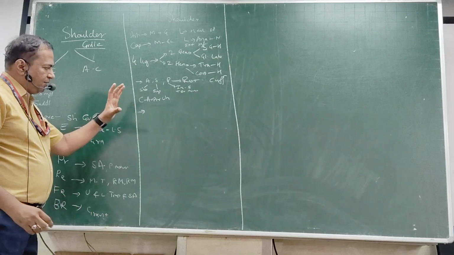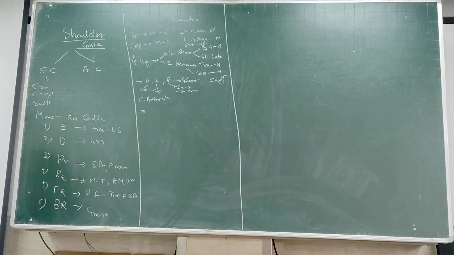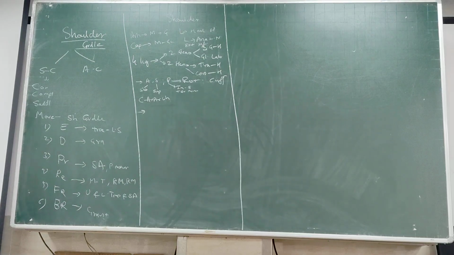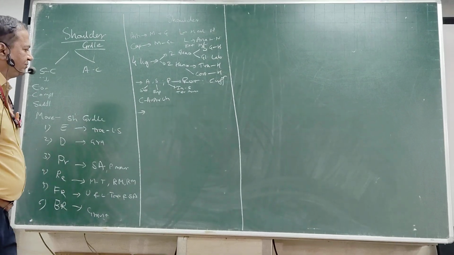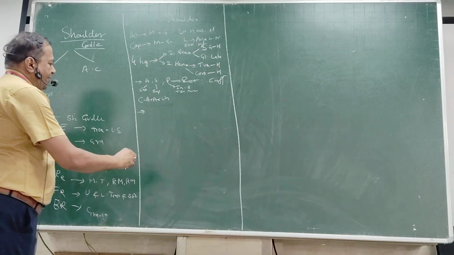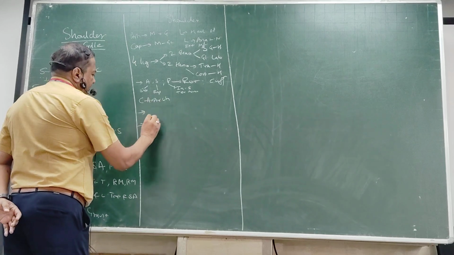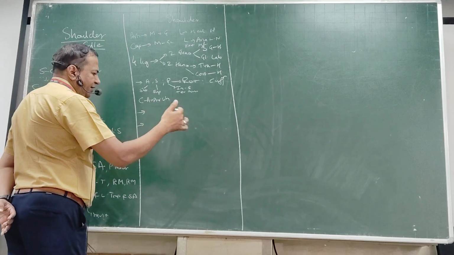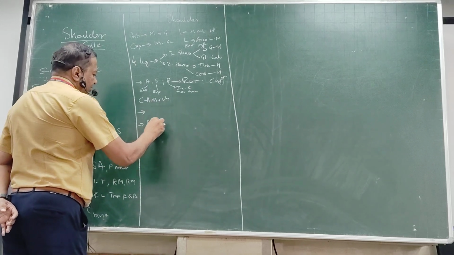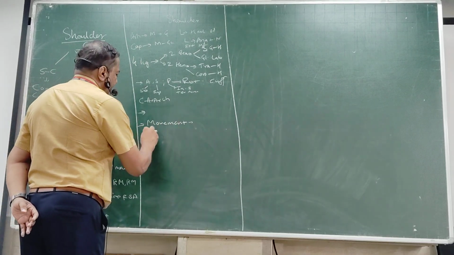The nerve supply is mainly by the axillary nerve. Mainly by the axillary, there are some other nerves also involved in the movements, like the suprascapular nerve.